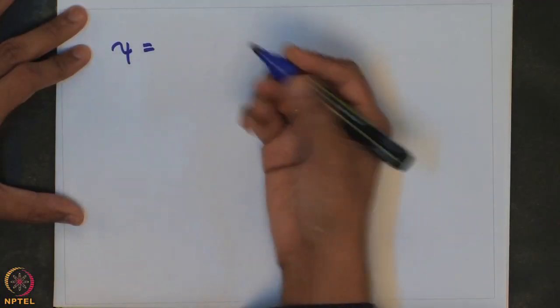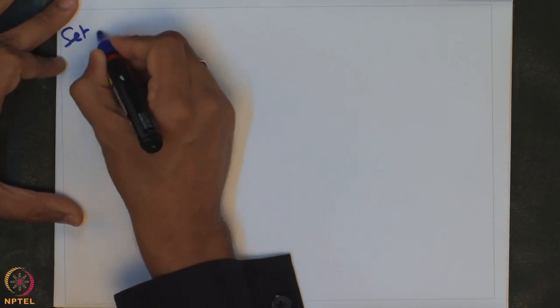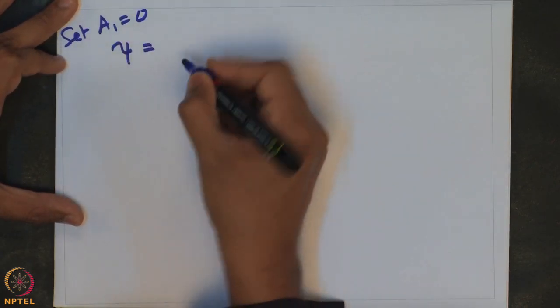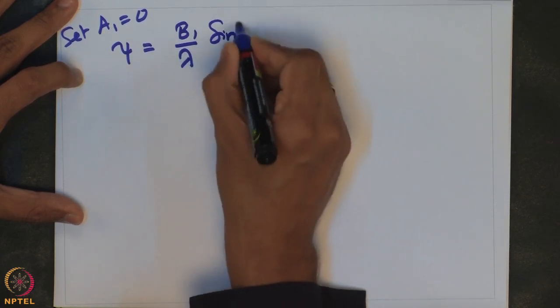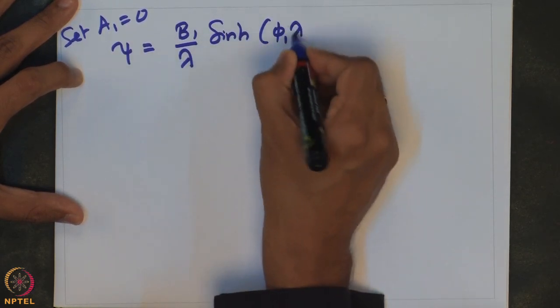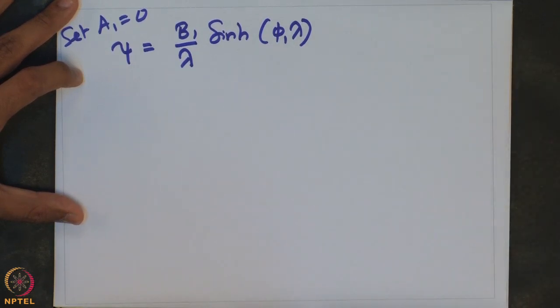Once we substitute this, setting a1 equal to 0, we find that psi is essentially b1 divided by lambda into sin hyperbolic of phi 1 lambda. So how do we find b1 now?